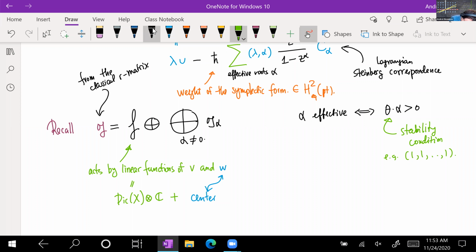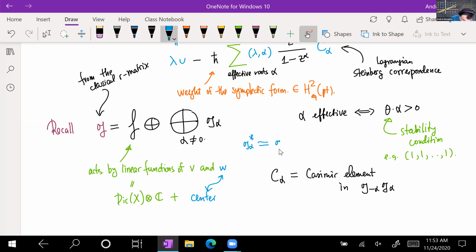And then the C alpha, well, this is the Casimir element in G minus alpha tensor G alpha. So the image of the canonical tensor, these G alpha and G minus alpha are dual with respect to the canonical bilinear form. So this is the Casimir element then.